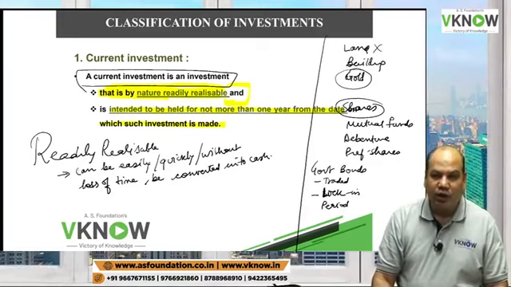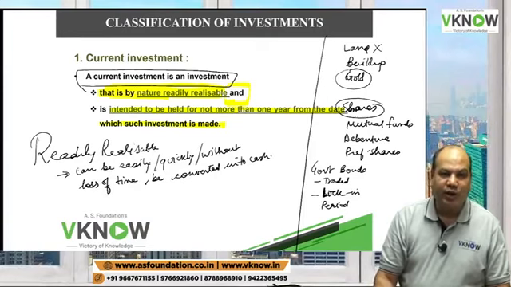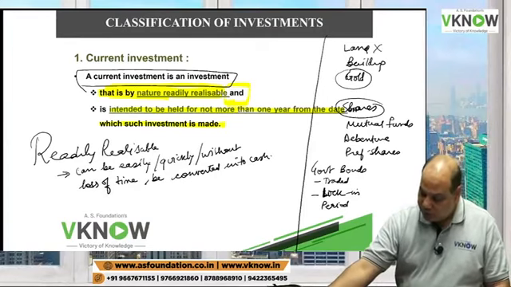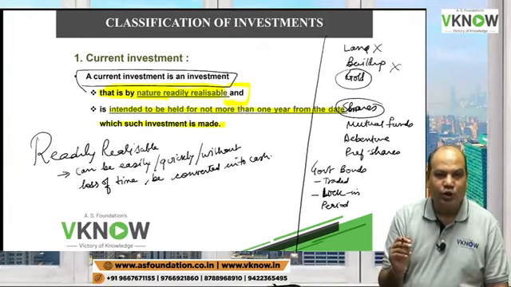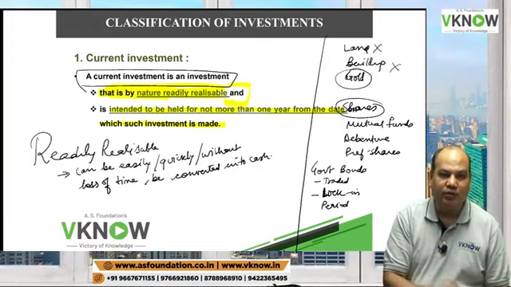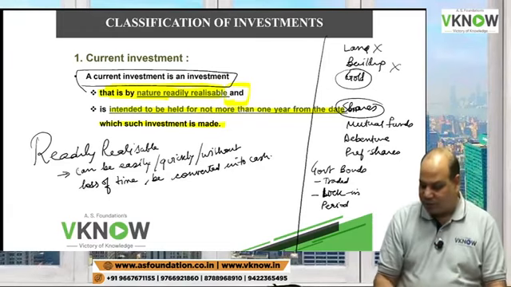It is time consuming to find a buyer and sell the land. Building is not readily realizable. It is difficult to sell a building at short notice. It takes a lot of time to find a buyer, negotiate with him, give a notice in the newspaper and complete all the legal formalities. So land and building can never be current investment.